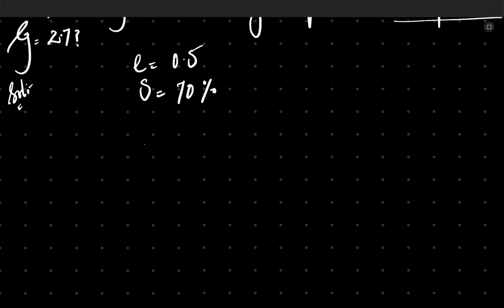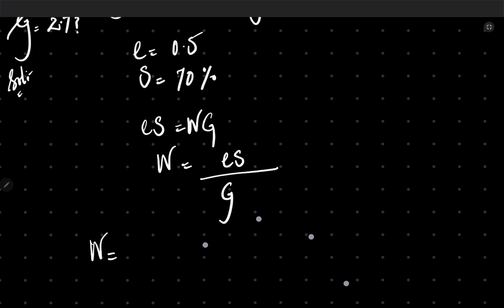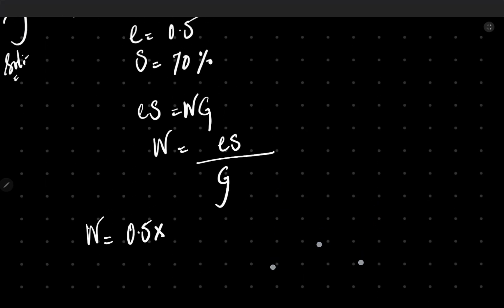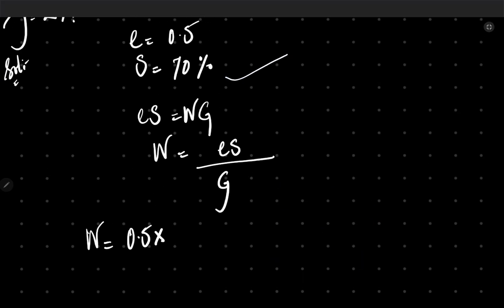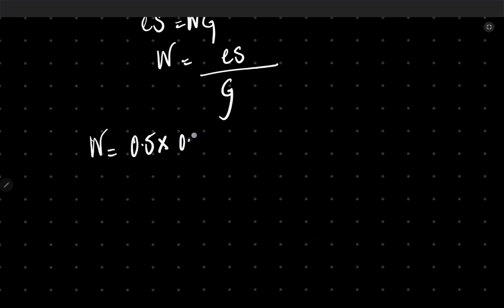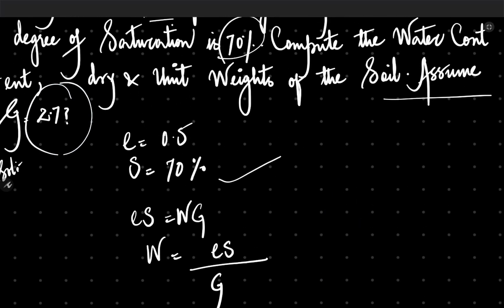All right, using the generalized equation eS is equal to wG, I have to find the water content. So water content is eS by G. So water content is e as given in the question 0.5, S, the degree of saturation, 70%, so 0.70, divided by G, that we have to use as 2.7.